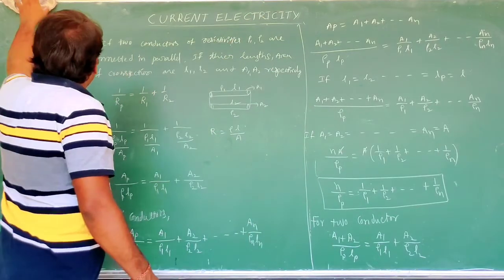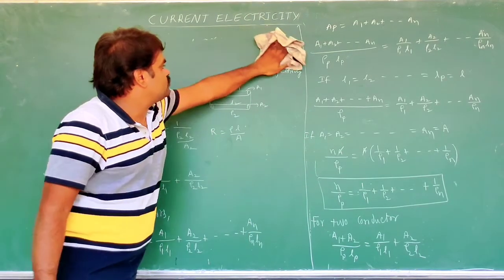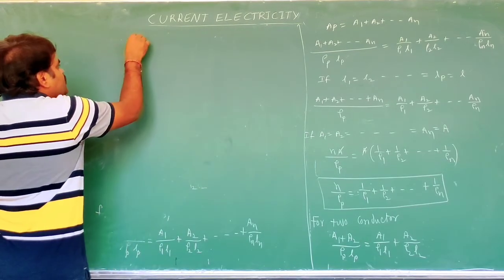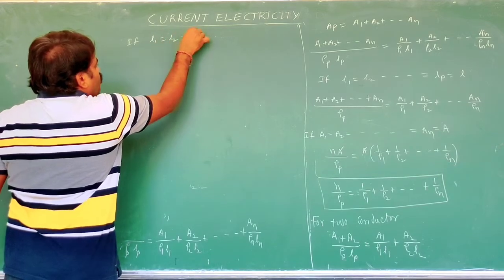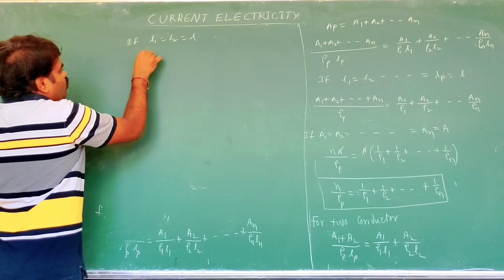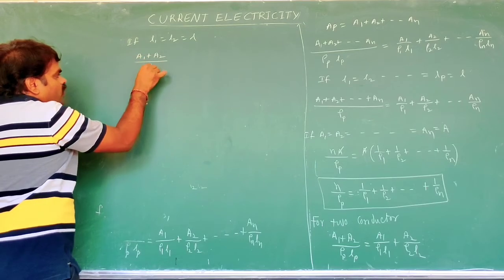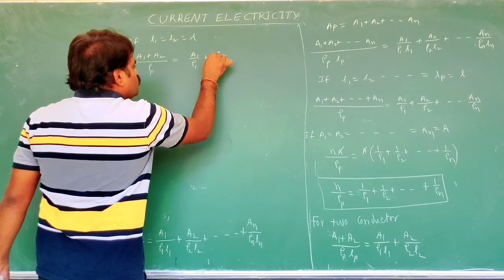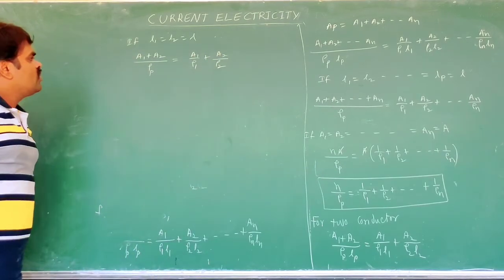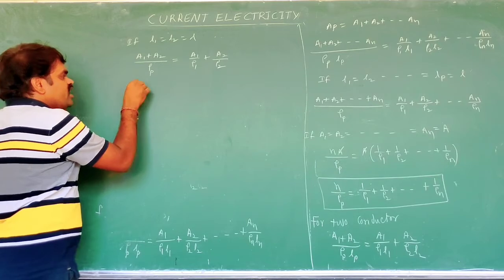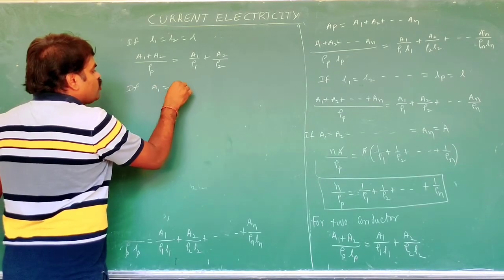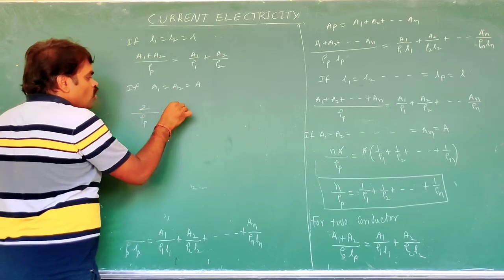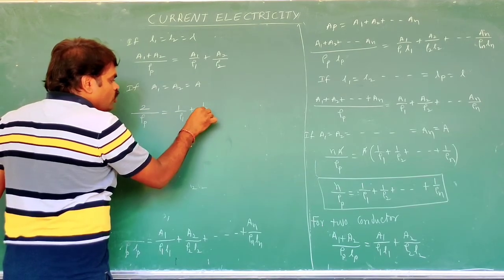If the lengths are equal, L1 is equal to L2 is equal to L, we get A1 plus A2 by rho P is equal to A1 by rho 1 plus A2 by rho 2. If the cross-sectional areas are equal, A1 is equal to A2 is equal to A, we get 2 by rho P is equal to 1 by rho 1 plus 1 by rho 2.